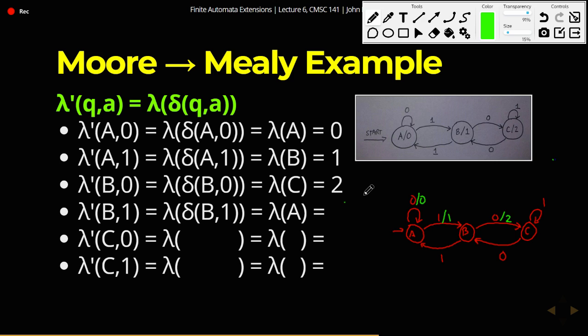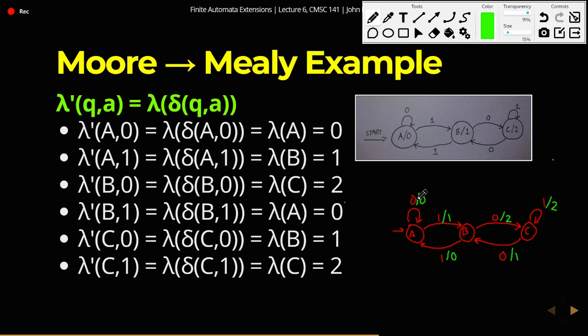So B on 1 will have 0. Okay, and then C on 0 will go to B, and B's output is 1. So this will have output of 1 as well. And then C on 1 will stay in C, so the output associated with this is 2. Okay, and you now have your equivalent Mealy machine.